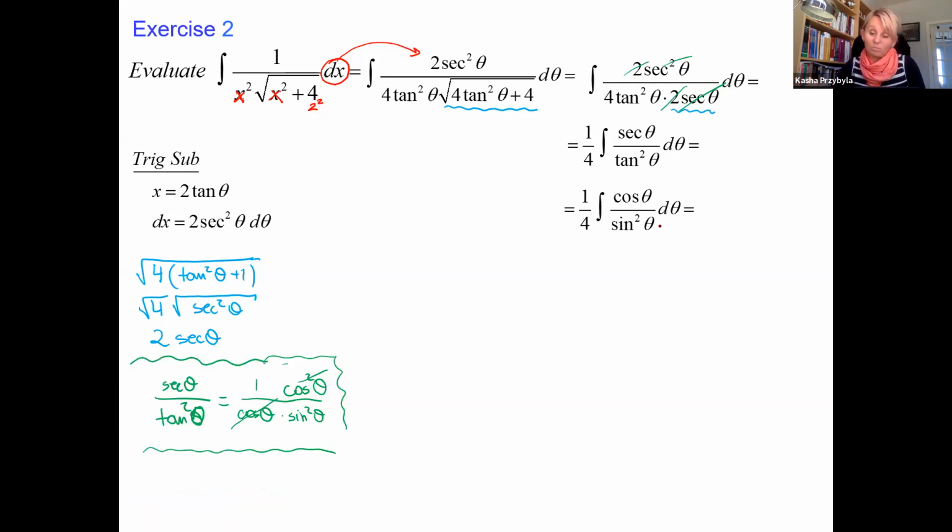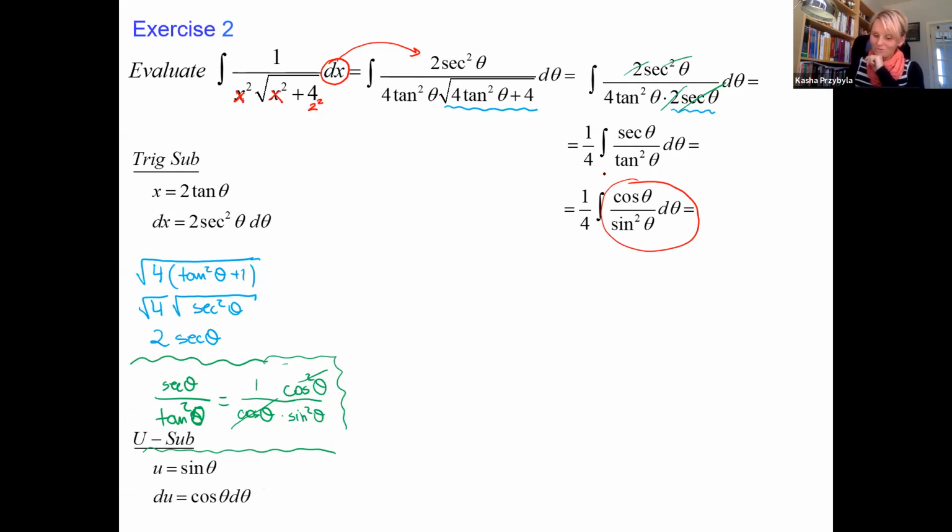We still have a trigonometric integral. How can we integrate cosine theta over sine squared theta? We can use cosecant and cotangent this way.